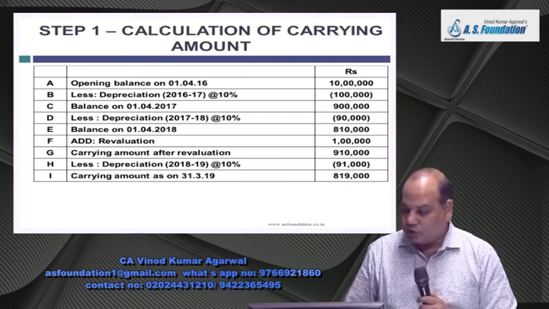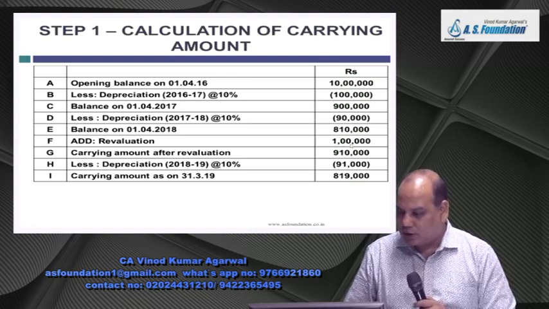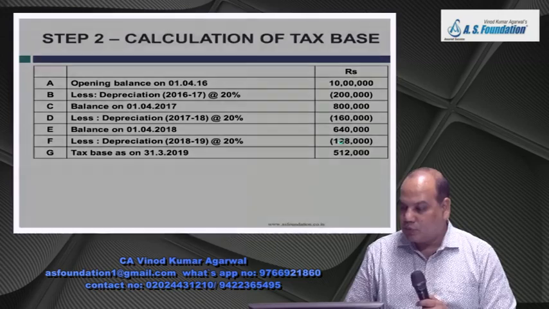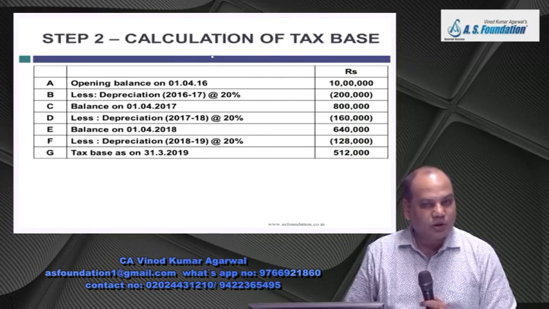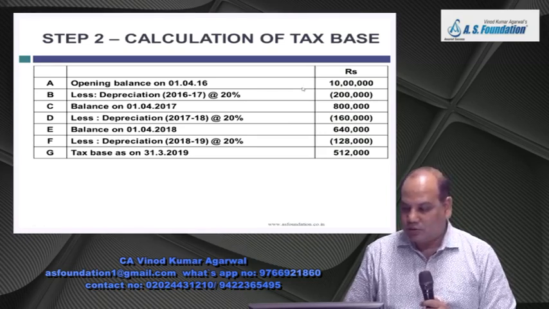So this number I will require for DTA DTL calculation. Will this 1 lakh revaluation be allowed for tax purpose? No. So there I am going to do the same calculation, ignoring that revaluation. So next step 2 will be calculation of tax base. You can write in one line also. How? 10 lakh minus 20% minus 20% minus 20%.